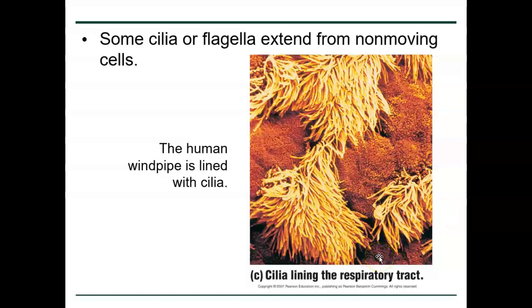So the point of the cilia in your respiratory tract is to move anything bad that you've breathed in, like smoke, and move it back out of the body. For smokers, when they're coughing a lot, it's because their cilia are no longer working and they're having to cough to get the stuff out of their lungs.